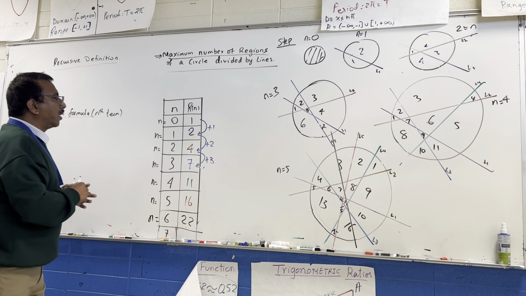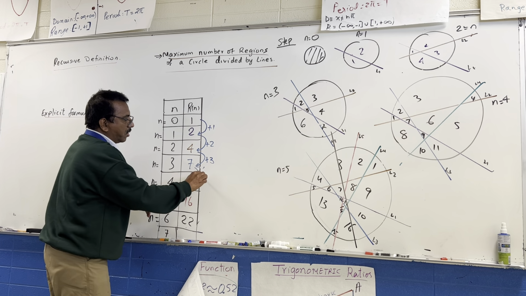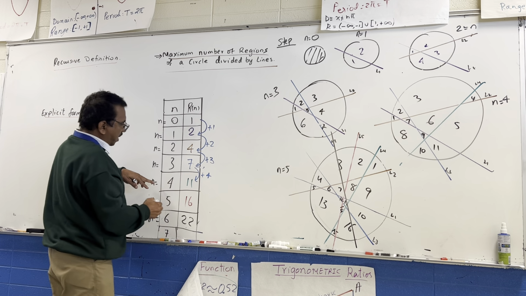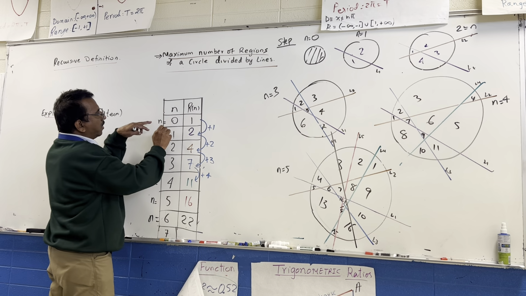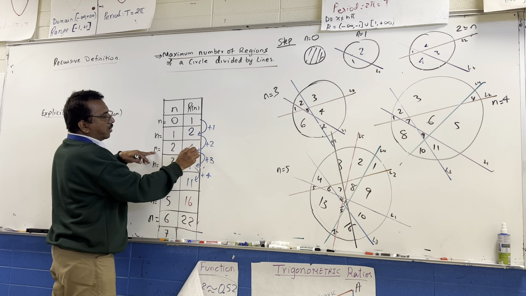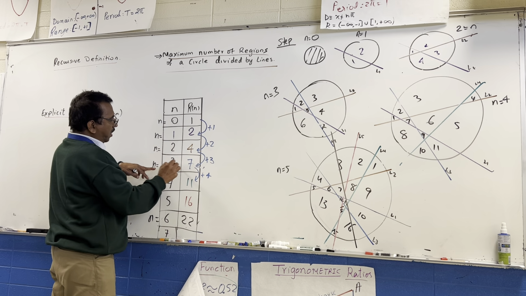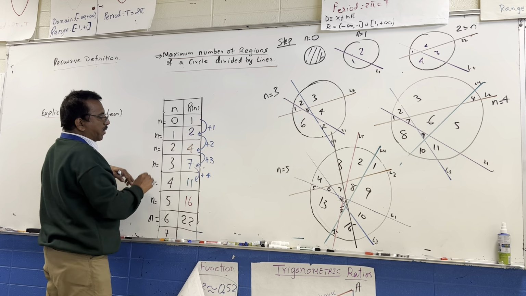So what's happening is you are adding the same n. If you are adding 1, it means your n is 1. If it is 2, n is 2, so plus 2. If it is 3, the previous one plus the step number.